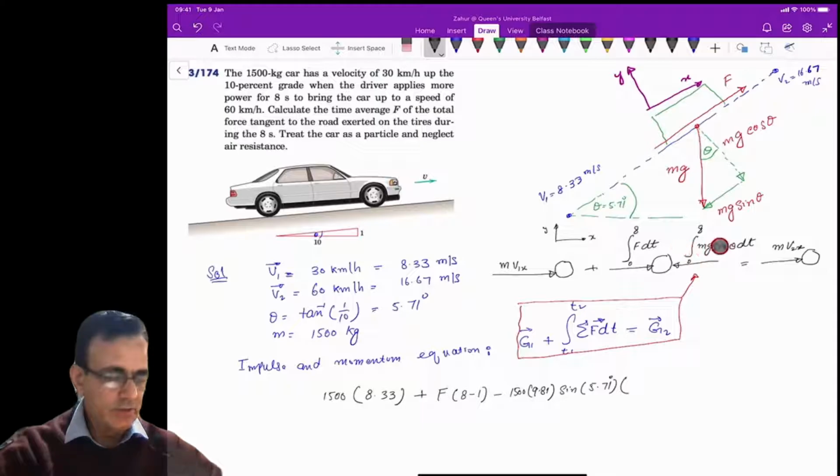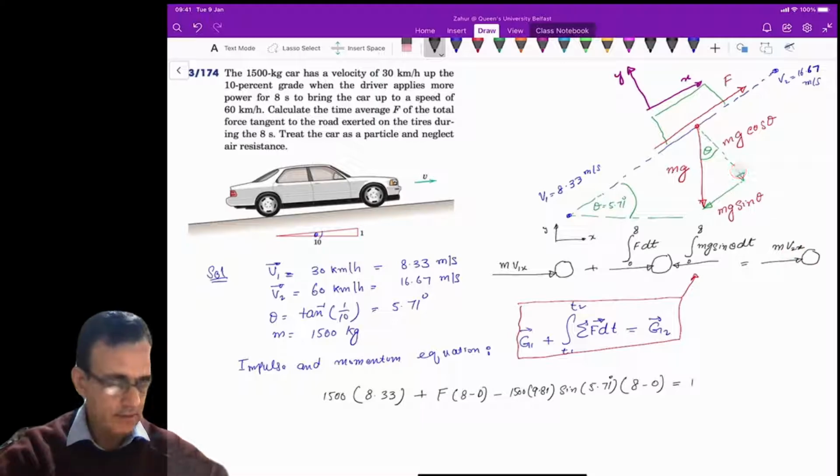So it will become just integration of 1, which will become t. And then if you put the limits of integration, it will become 8 minus 0 here. This one is also 8 minus 0 because you just put the limits of the integration. And then on the other side, we have m v2x.